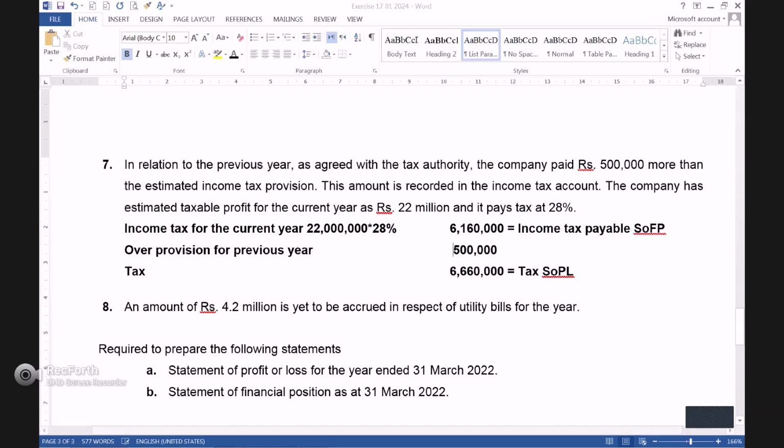Therefore, in the statement of profit or loss, the total tax is 6.66 million, because it is an over provision of 500,000. You have to deduct this one now.